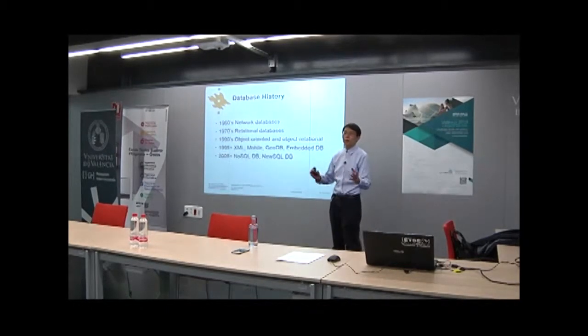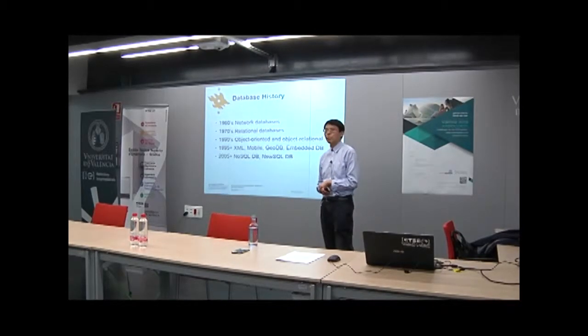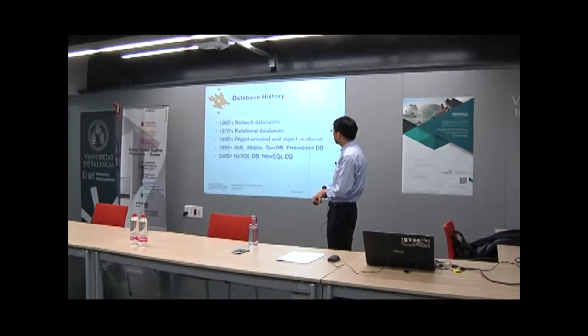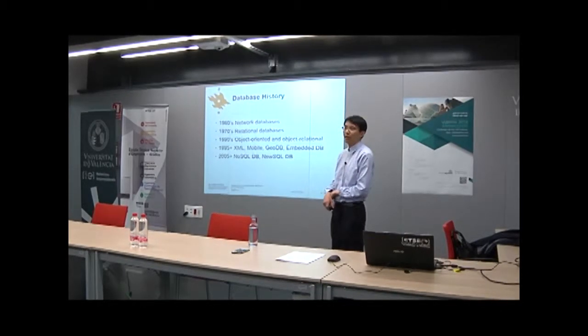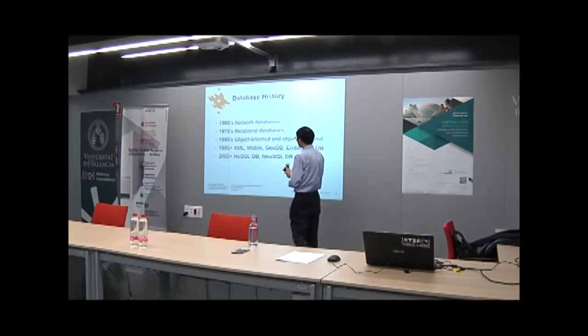Yeah, so we have more and more types of databases for different kinds of applications. Then in 2005, we have the big data trend. Then we develop some new NoSQL databases or some new SQL databases. So today, we will focus on the NoSQL database.